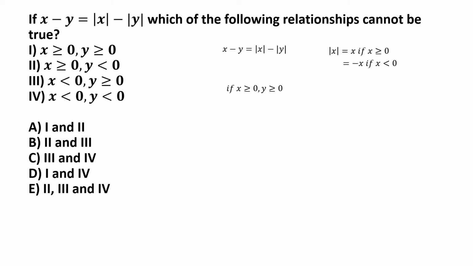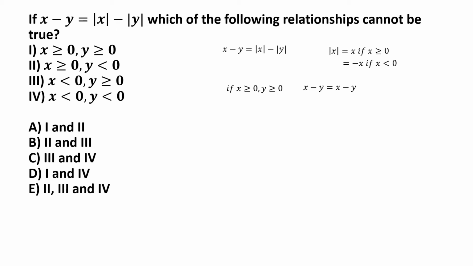And for this, the left hand side of the given equation is of course x minus y in all cases, right? But it's the right hand side that changes, and in this case the right hand side is also x minus y. So we have x minus y is equal to x minus y, which is an identity.